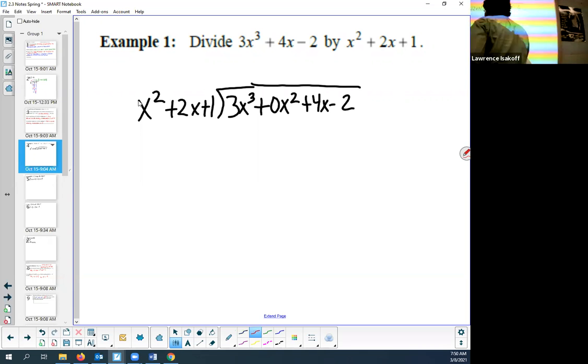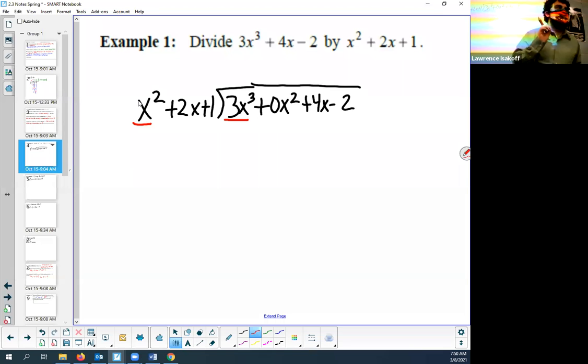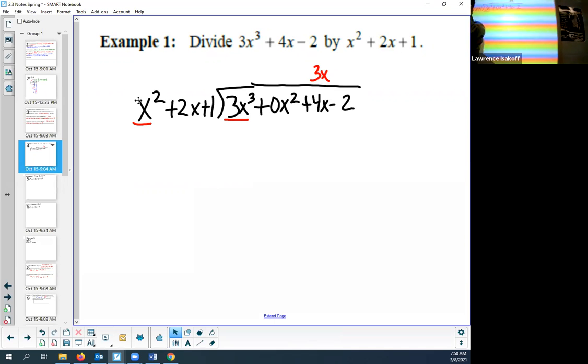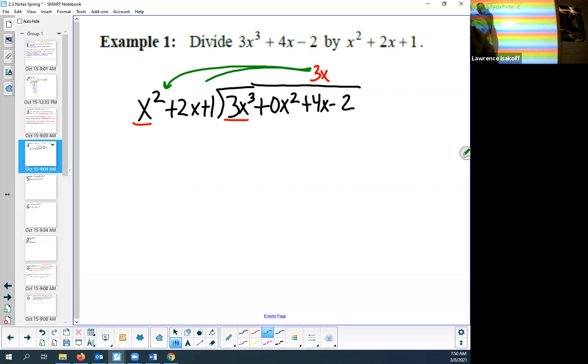So what do I have to multiply x squared by to get 3x cubed? It's going to have to be an x, and because there's a 3 in front, it's going to end up being 3x. So here's what I'm going to do. 3x has to multiply everything right here.